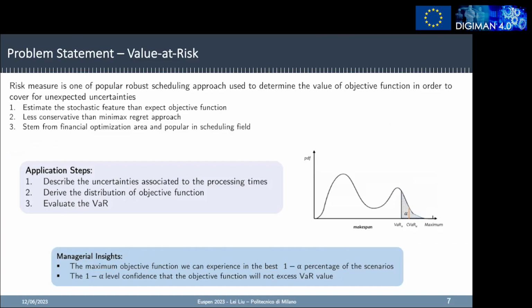To use value at risk, we need to describe the uncertainties associated with the processing time, then derive the distribution of the objective function and calculate the VaR value. Once we have the VaR value of the schedule, within a specified risk level alpha, the maximum objective function we can experience is in the best 1 minus alpha percentage of the scenarios. Or we can say with 1 minus alpha confidence that the objective function will not exceed the VaR value.